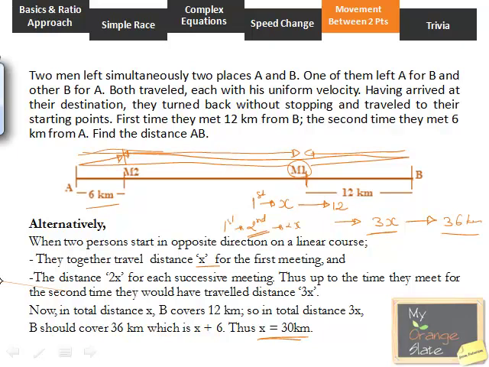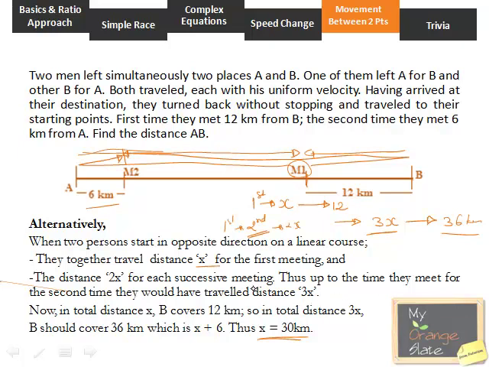Once again I shall repeat, when two persons start in opposite directions on a linear course, they together travel distance x for the first meeting, that is the total distance between 2 points, and distance 2x for each successive meeting. That is after first meeting, distance 2x for the second meeting, then another 2x for the third meeting, and so on.